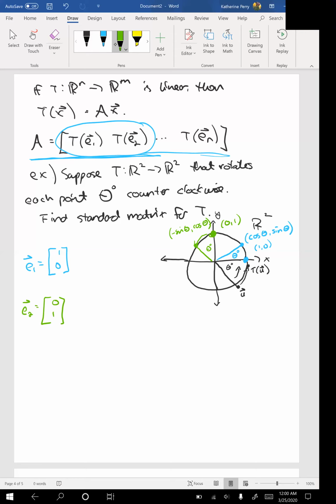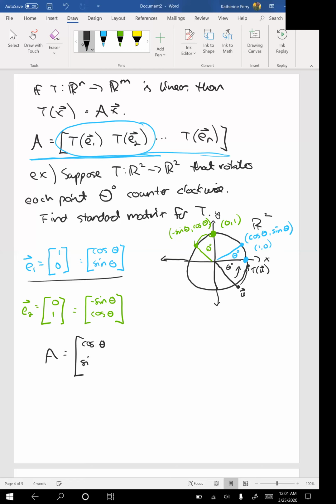And so here I can see that this is negative sine theta, this is cosine theta, and this one we said was cosine theta, sine theta. What this tells me is that A is then equal to, the first column is what happens to E1, so cosine of theta, sine of theta.